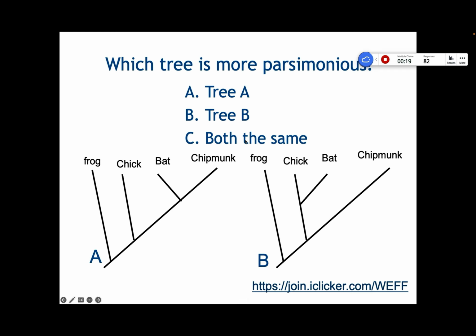We end up with chickens having wings, bats having fur and lactation and wings. Chipmunks having whatever chipmunks have. What do they have? Lactation and fur. One of these trees requires fewer evolutionary steps than the other, even though they both have the same number of taxa, the same number of branching events. One of them requires fewer gains of a trait.